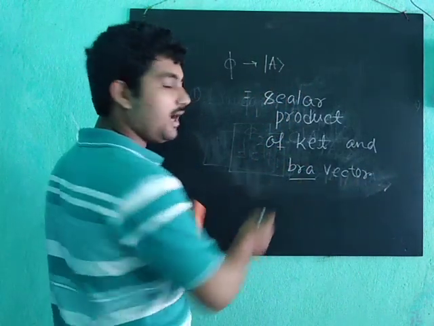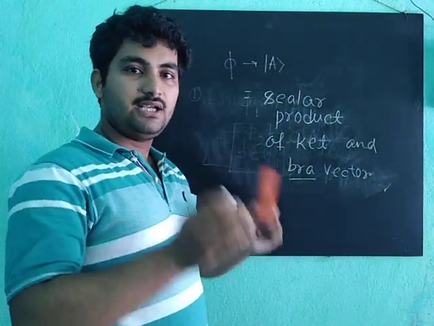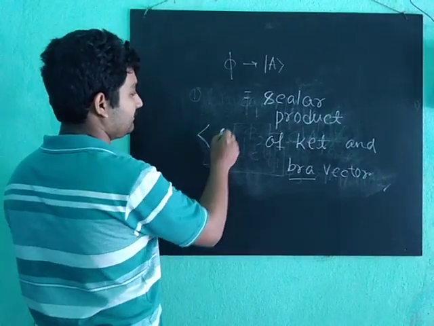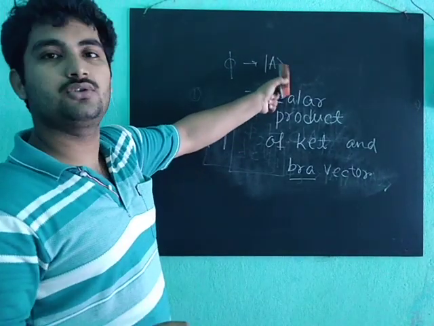This bra vector is denoted as this, just opposite to this.